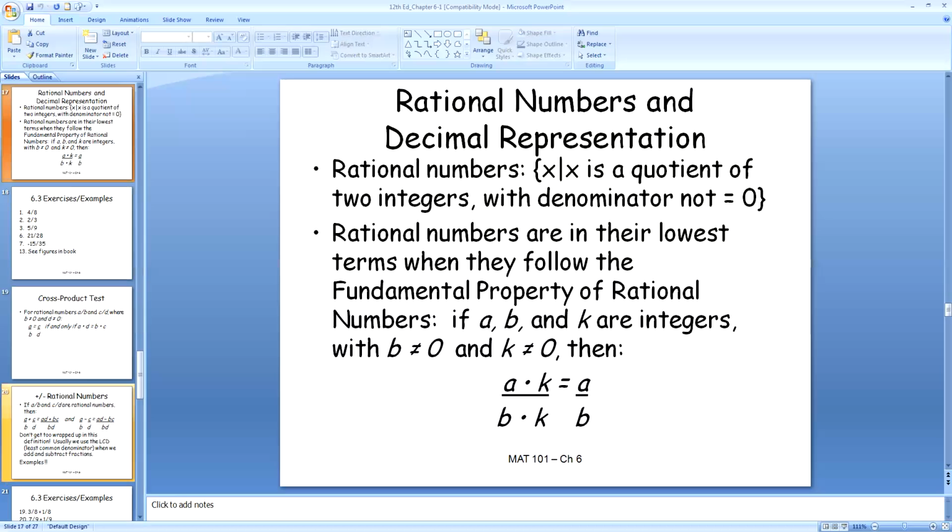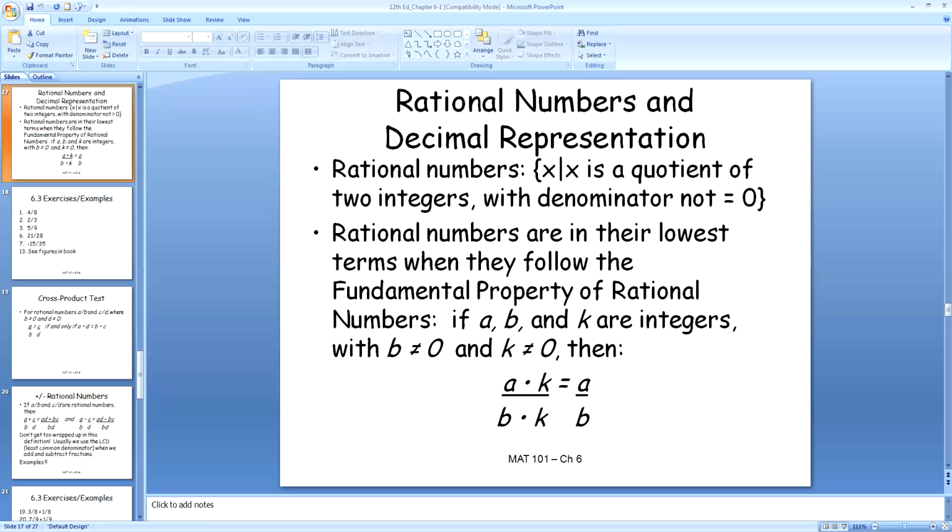So remember the definition of rational numbers. We have a decimal representation of rational numbers. A rational number is a quotient of two integers with a denominator not equal to 0. And rational numbers are in their lowest terms when they follow the fundamental property of rational numbers.